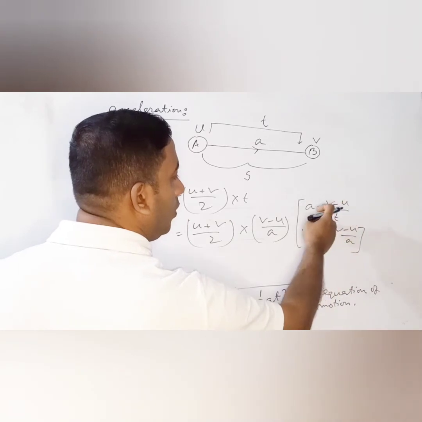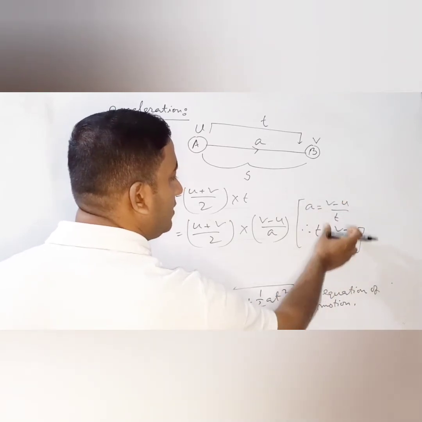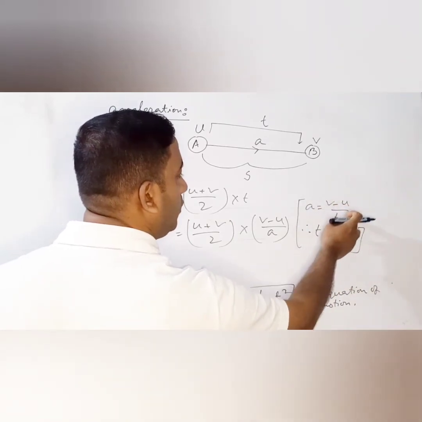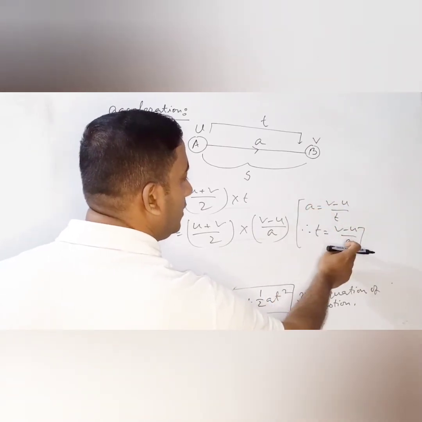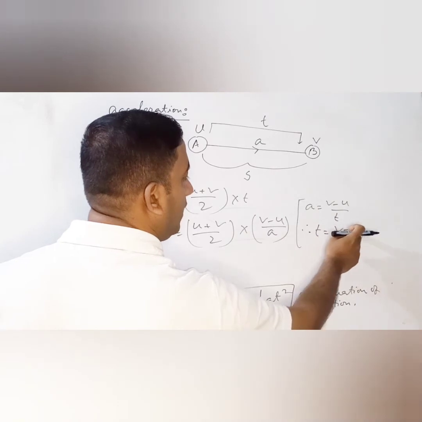If we do cross multiplication, then these are the same. a equals to v minus u by t, so t is here, then it will be there, that t equals to v minus u by a.